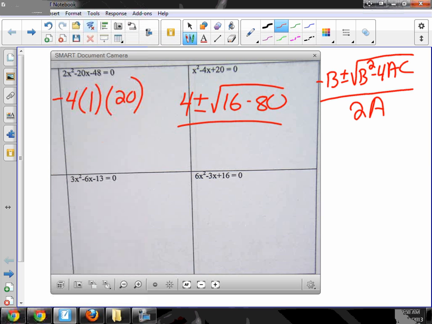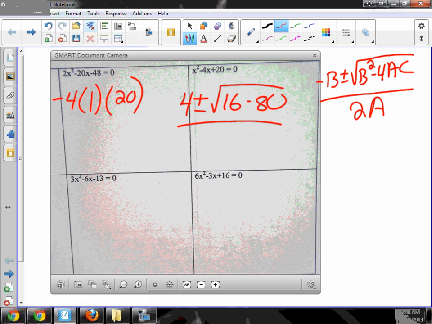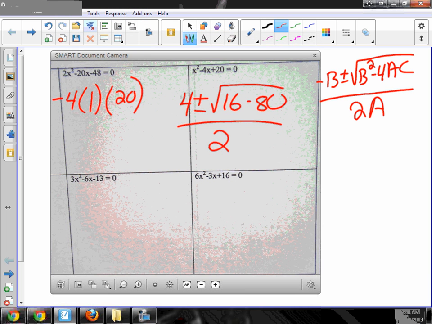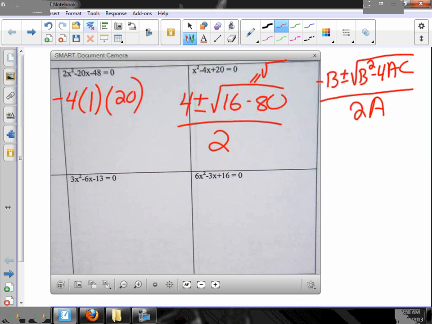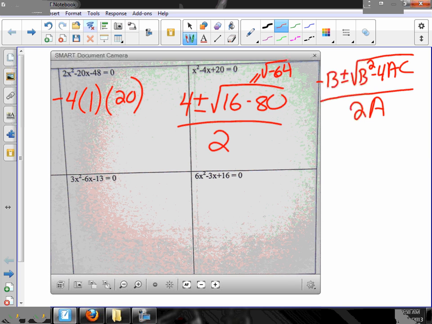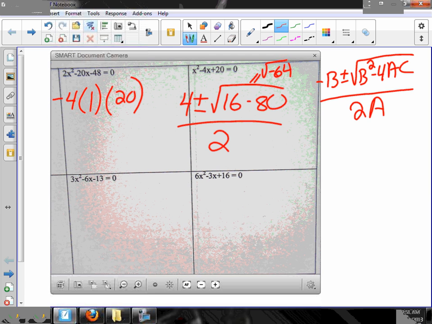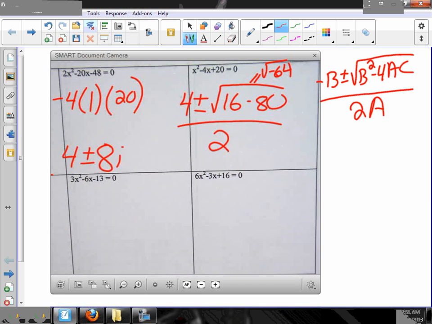It's going to be imaginary. The square root's going to be negative, over 2. What is 16 minus 80? So this equals the square root of negative 64. What is the square root of negative 64? 8i. So 4 plus or minus 8i over 2.